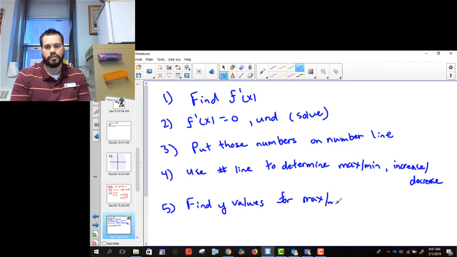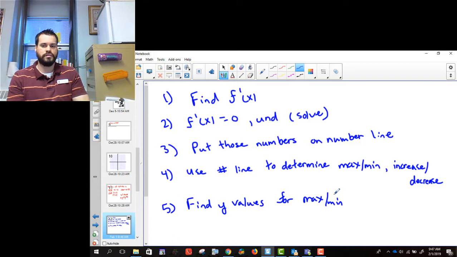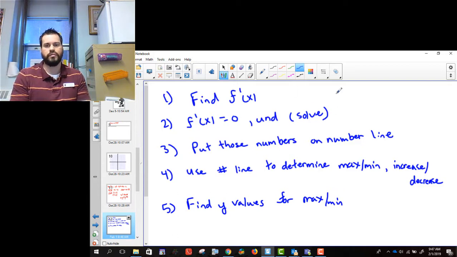Now it is possible that the derivative is 0, but it doesn't change. So if it's flat but doesn't change, what it means is you have a situation like this where it flattens out for a second and keeps going up. So it is possible to have a number line reflect that the derivative is 0 at that point, but it's not changing sign. That just means it's not a max or a min. It's still called a critical point.